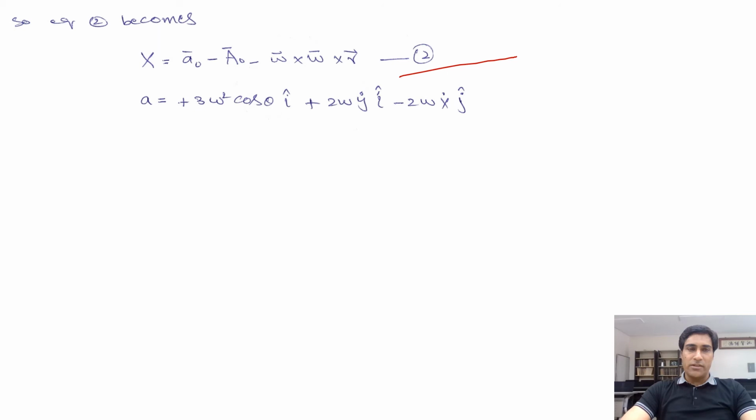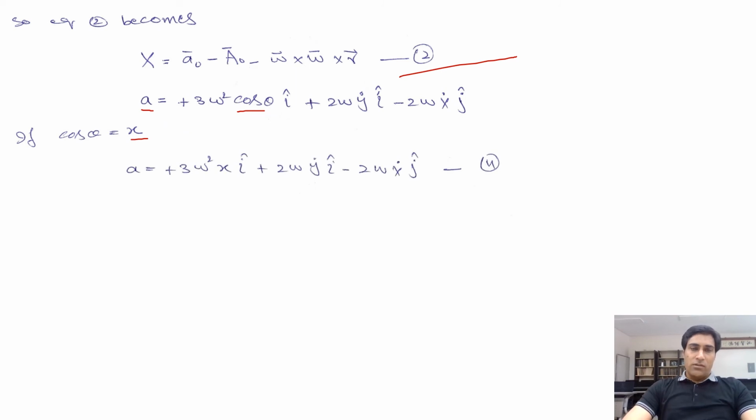One more thing: because in the statement there is no cos theta, we have to put cos theta equals x to get the desired results. So after substituting cos theta equal x, A equals 3 omega square x i unit vector plus 2 omega y dot i unit vector minus 2 omega x dot j unit vector. This is equation 4.